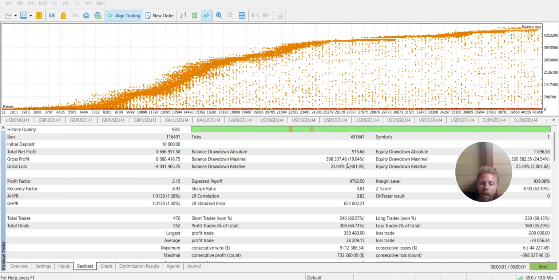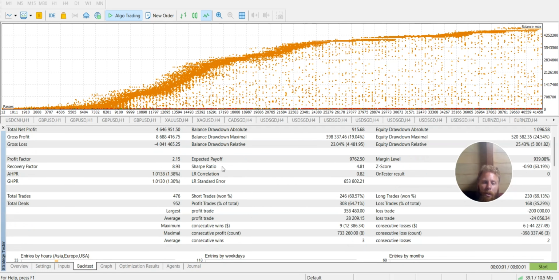The drawdown is pretty low compared to the profit. That's good. We are only thinking about statistics in ratios, because profit factor is 2. Sharpe ratio is amazing. I am curious about this. Yeah, we have an edge over the market.